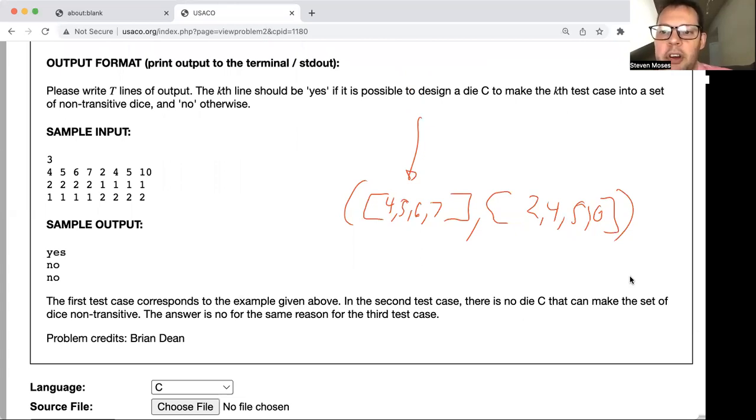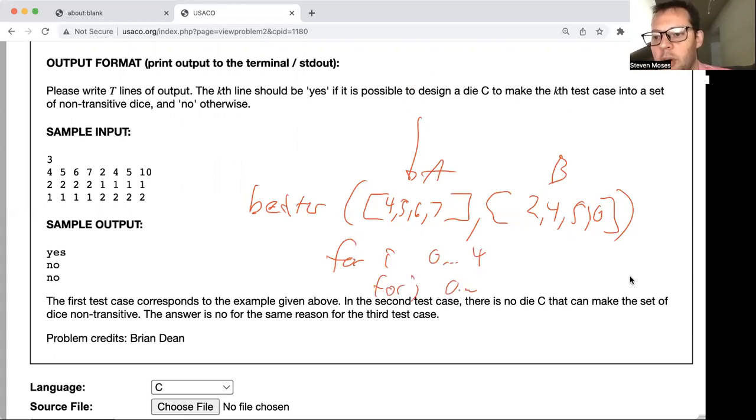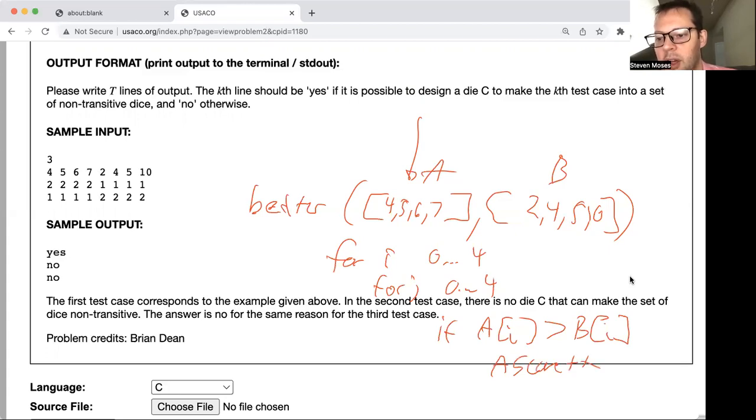So if we have a function called better, for example, that takes in an A, which is just a list of 4 sides, and a B, which is a list of 4 sides, essentially all you need to do is make a for loop for I from 0 to 4, for J from 0 to 4. If die A at I is greater than die B at J, then you'll do A score plus plus.